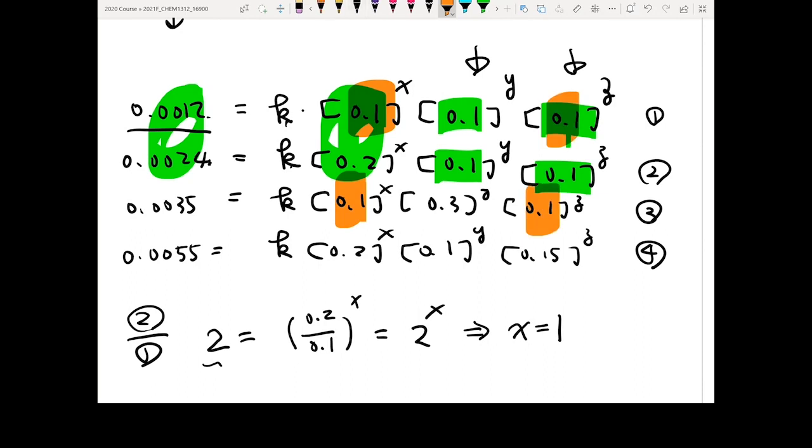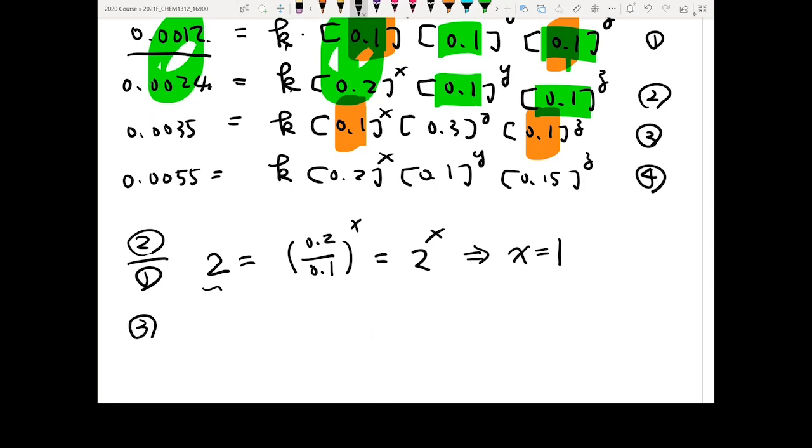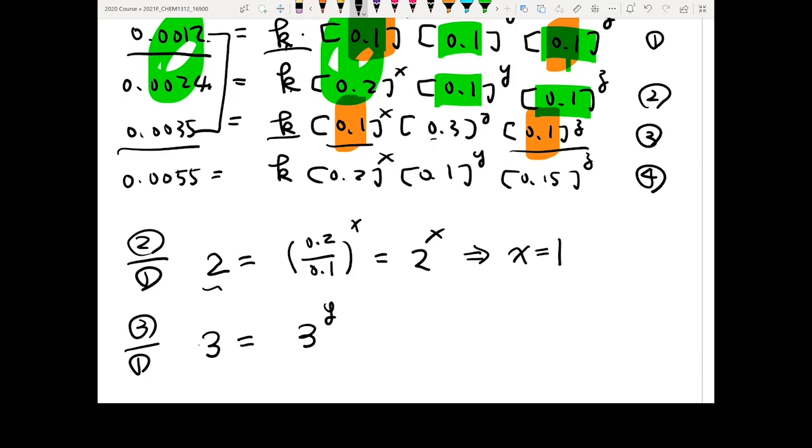So what you do is 3 over 1, okay? So this divided by that is about equal to 3. So k and k cancel out. X term cancels out. Z term cancels out. Then all you have is 0.3 divided by 0.1. That's 3 to the y's power. Therefore, you know your y is equal to 1.